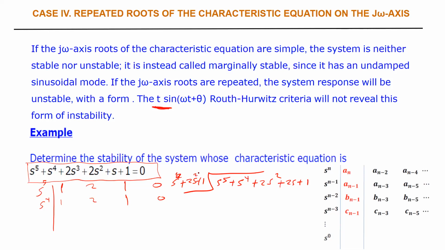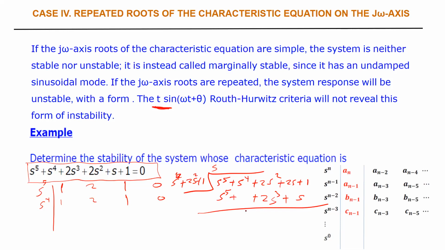And this is 2s squared. S, exactly, s in here. S multiplied by this one, what do we get? S to the 5, and then 2s cubed, plus s. Then subtract. So this will go, and what do you get?